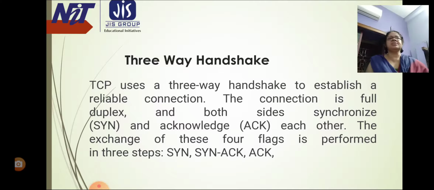Hence, TCP groups a number of bytes together into a segment and adds a header to each of these segments and then delivers these segments to the network layer, where they are copied and then sent.